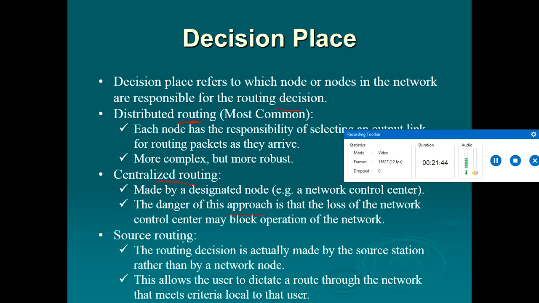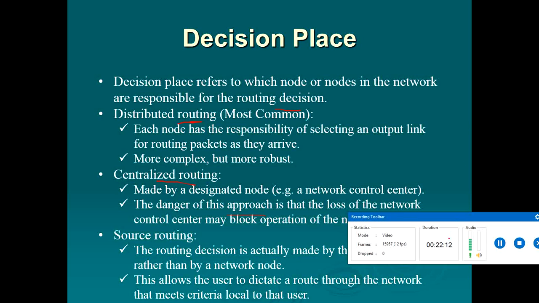The third form of routing is source routing. In this case, the routing decision is made by the source station, meaning the sender station, rather than by the network node, and then it is communicated to the network. This allows the user to dictate a route through the network that meets the criteria of the local user.